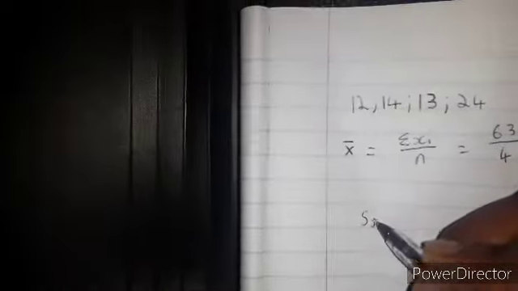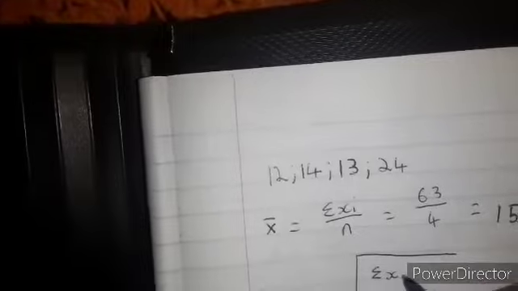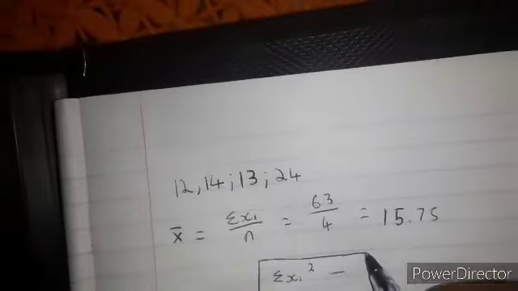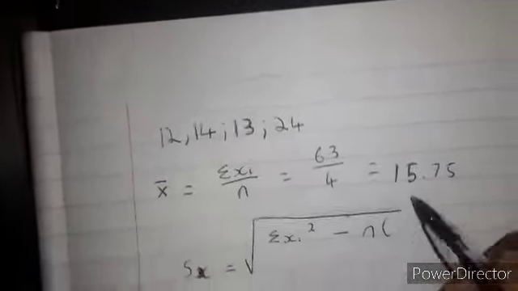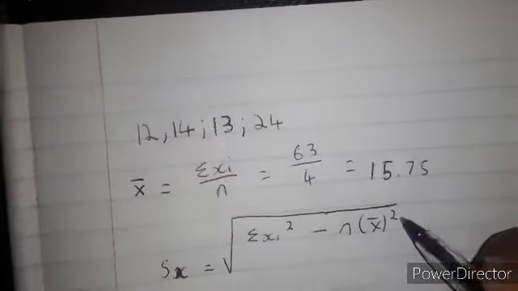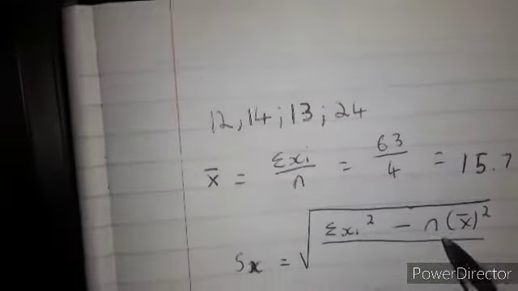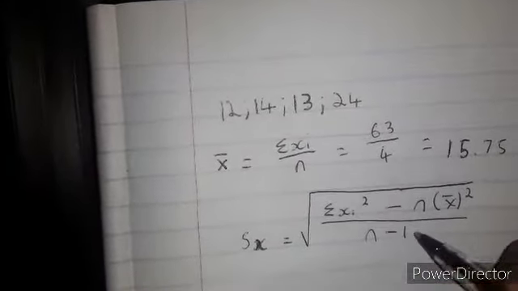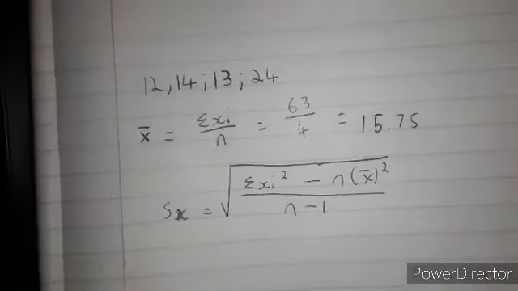Then we can calculate the standard deviation. So the formula for the standard deviation is Sx is equal to the square root of the sum of x squared minus n times x bar, which is the mean, all squared, divided by n minus 1.